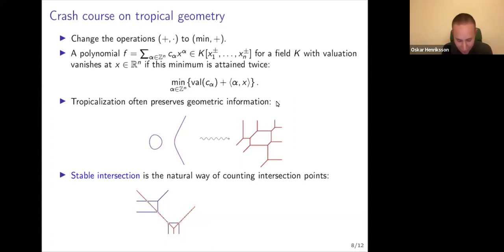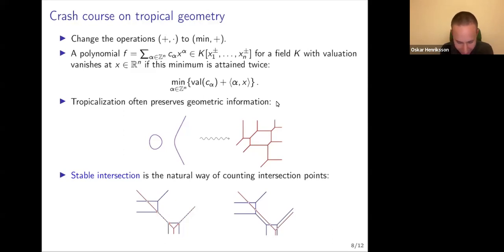It's because those points that we don't count are not stable under perturbations. So if we just perturb the curves a little bit in relation to each other, we see that we only have 1, 2, 3, 4 points. And it's only those 4 points here that correspond to those 4 points here that we count. That's somehow the idea of stable intersection.